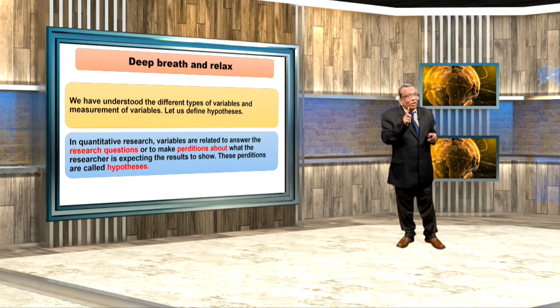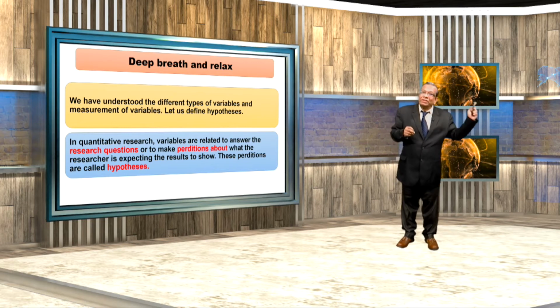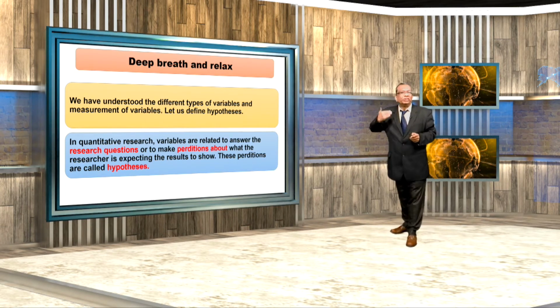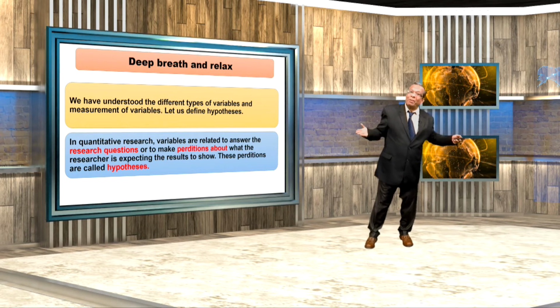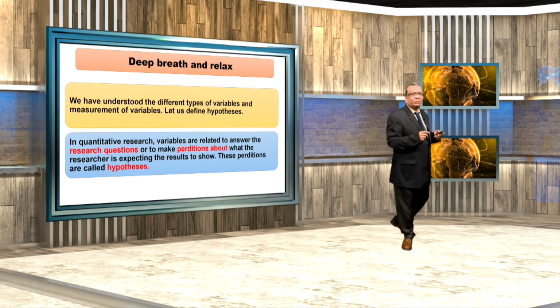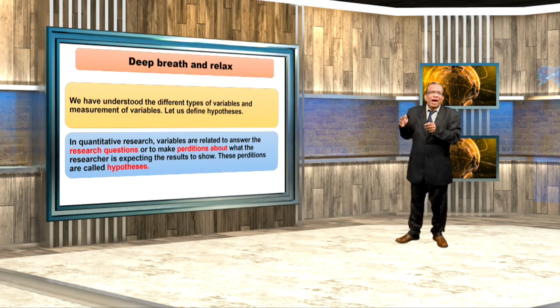Now, based on these variables and based on the theory that you have already studied, based on your own observation, discussions with your managers, you will come out with a set of hypotheses. In quantitative research, variables are related to answer the research questions.